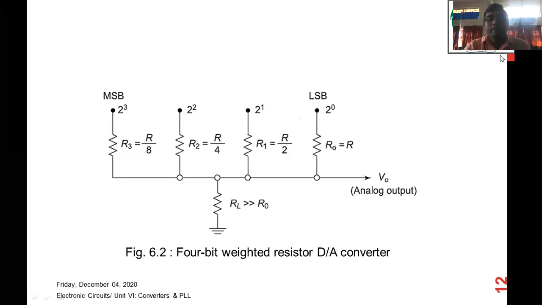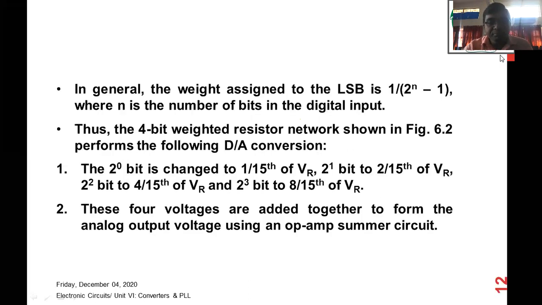So now this 4-bit binary weighted resistor network gives us the following information. First, the 2 raised to power 0 bit is changed to 1 upon 15th of VR, the 2 raised to power 1 bit to 2 upon 15, similarly the 2 raised to power 3 bit to 8 upon 15th of VR.